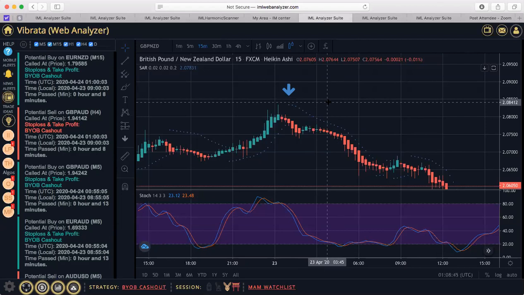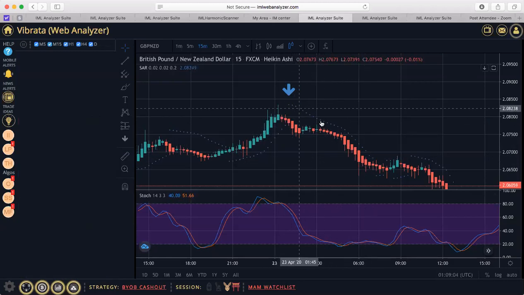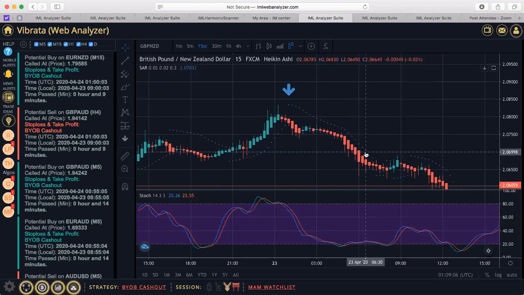Now, when you are looking at where you begin, I need you to understand that the stochastic is one indicator, the Heikin Ashi candle is another indicator, and my PSAR is another indicator.